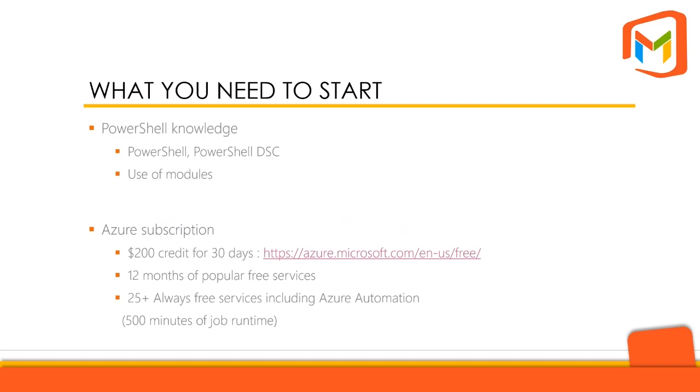In those popular services, you will have, for instance, 5 GB of blob storage or access to an Azure Cosmos database. You will also have 25 plus always free services, and in those always free services, you have 500 minutes of job runtime of Azure Automation. So you can really start to try Azure Automation for free.